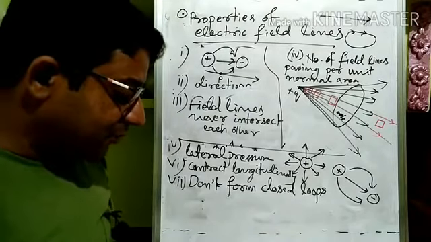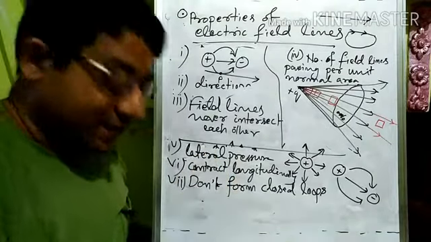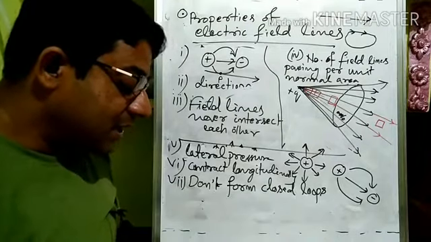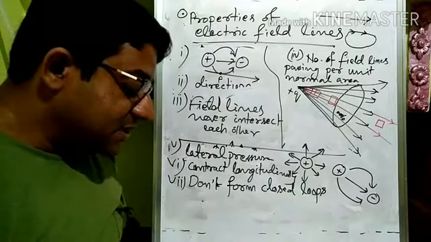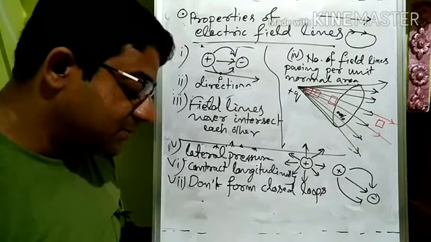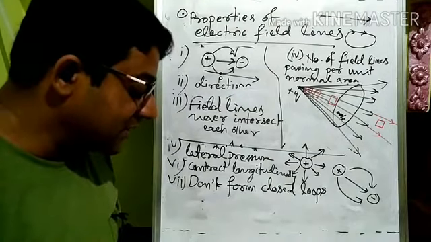And the final point, in the question you remember it was given a uniform electric field. Now what is a uniform electric field? The equidistant field lines represent uniform electric field, while the difference in separation between the electric field lines represents a non-uniform electric field.